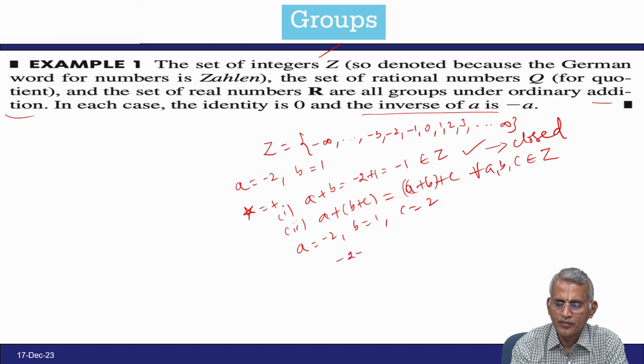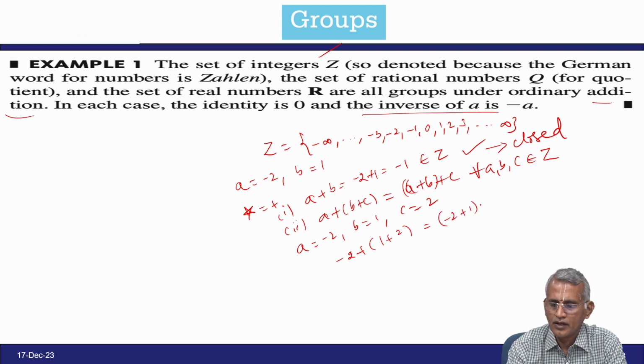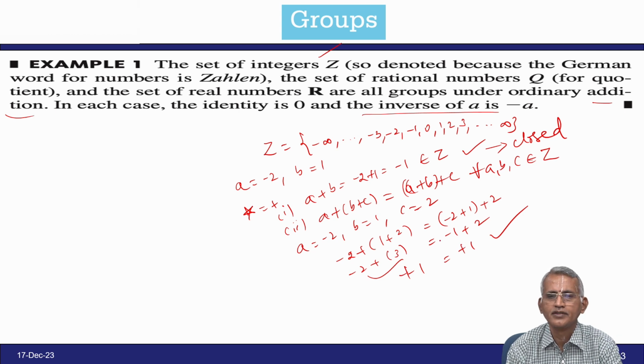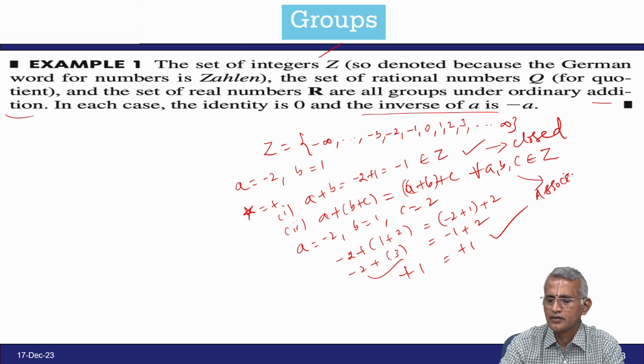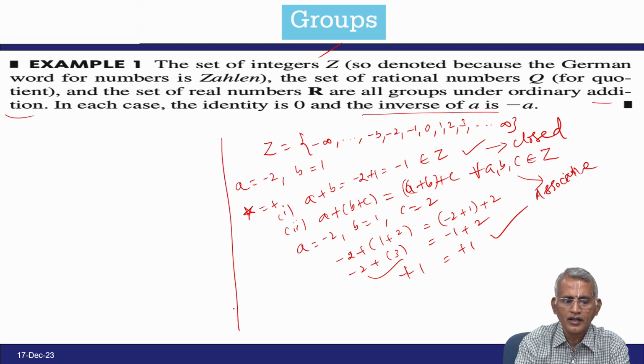Minus 2 plus (1 plus 2) equals minus 2 plus 3, and (minus 2 plus 1) plus 2 equals minus 1 plus 2. The resultant is 1 in both cases, therefore it satisfies the associative property. That way we can check whether it is closed or associative.